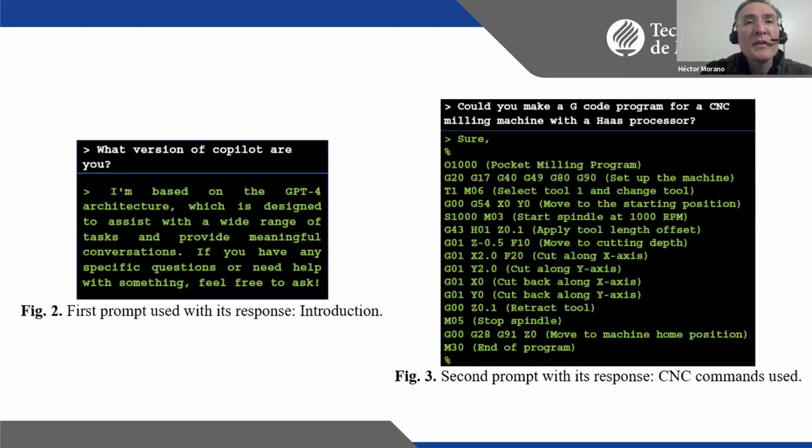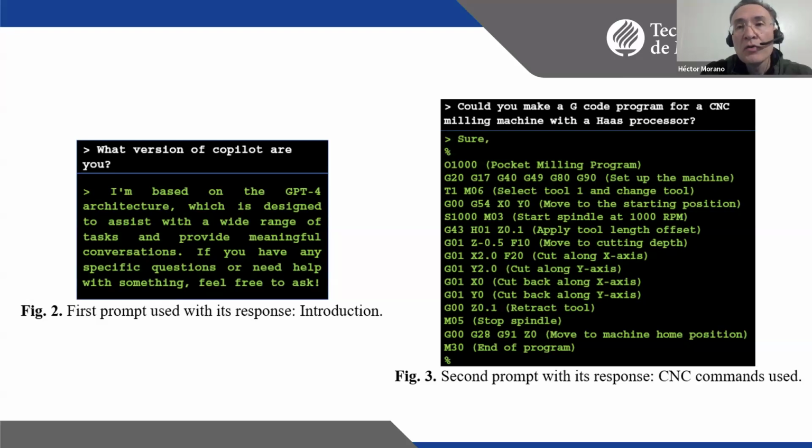Let's go to the first stage, finding out what the LLM knew about CNC programming. Initially, to introduce the LLM to the context of CNC programming, it was asked about its version. Through prompt engineering, we questioned if it could generate CNC code for machining.